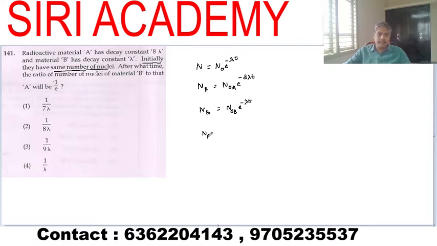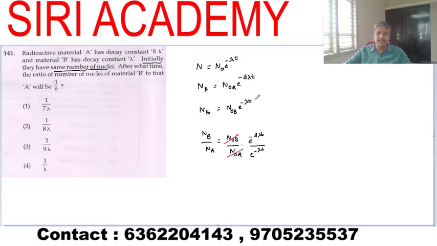Now NB by NA is equal to N naught B by N naught A into e power minus lambda t by e power minus 8 lambda t. So the given condition is that both have initially the same number of nuclei.